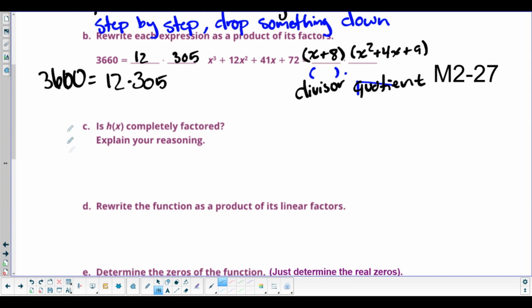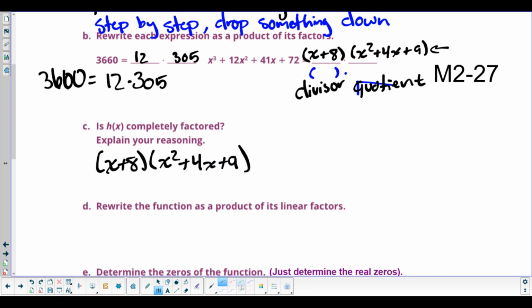Okay, sorry for the cut. Here I'm answering C. Is h of x completely factored? h of x is our thing right here, what we just came up with, our divisor times our quotient. And so really it's x plus 8 times x squared plus 4x plus 9.